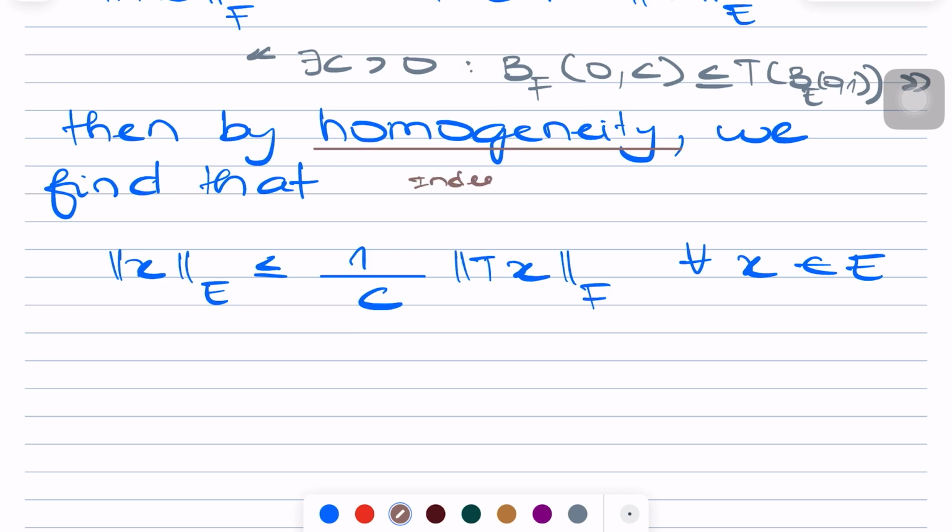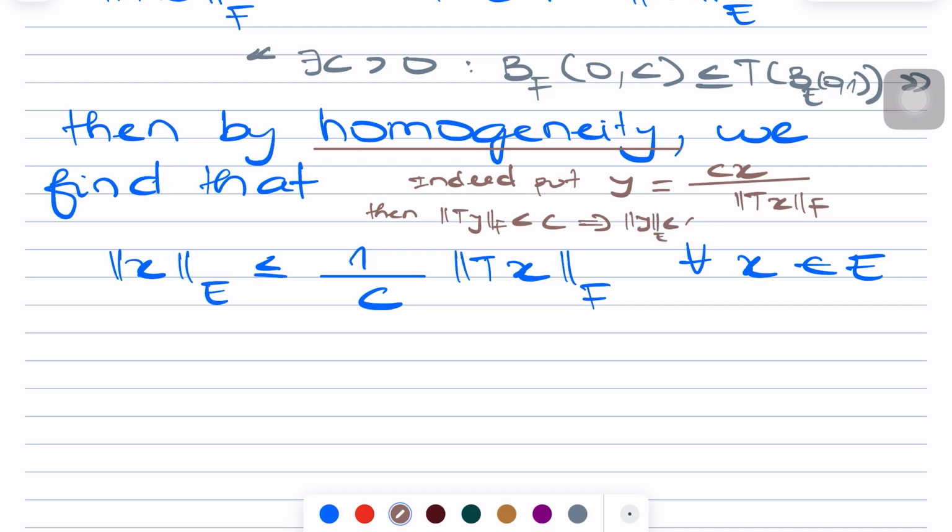Indeed, of course if x equals 0 there's nothing to show, so put y equal to C x over the norm of Tx in F. Then you see that the norm of T y in F is strictly less than C, which implies, by what we stated above, that the norm of y is strictly less than 1.